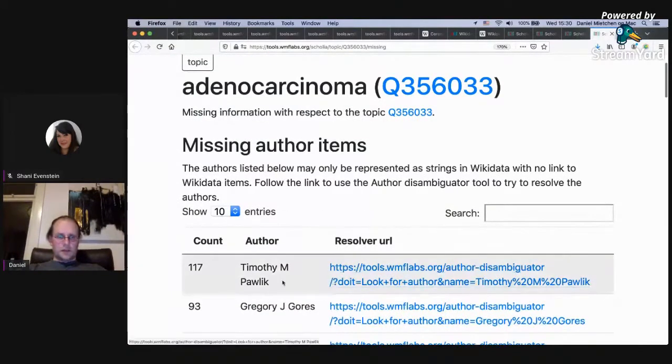So for instance, here there are lots of papers that have this author name string, Timothy M. Polick, that have not been created yet. So probably we need to look at how many people have this name string, maybe just one, maybe several, and then find whether they already have Wikidata entries and then link them.